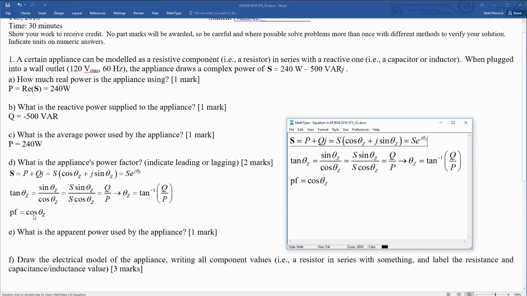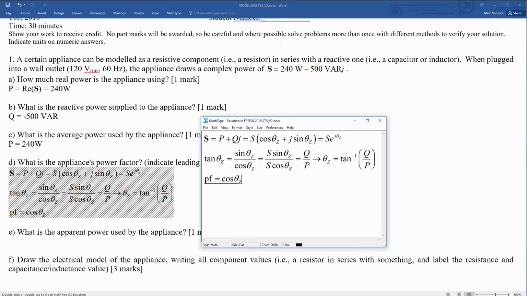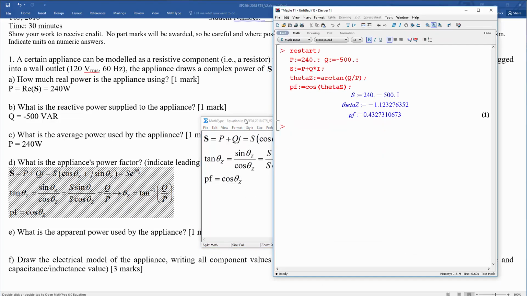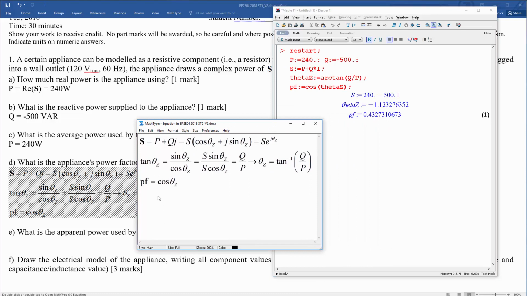Okay, so we've got, looks like, 0.43. And since theta Z is negative, this means that the current is ahead of the voltage. So that means this power factor is leading.